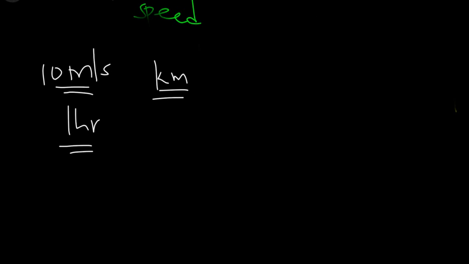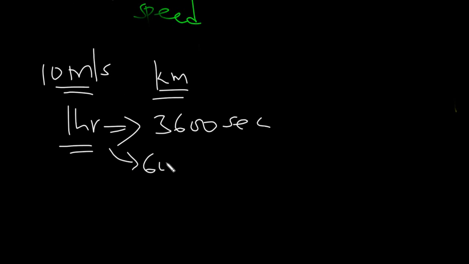Okay, so let's convert this 1 hour into seconds. 1 hour is equivalent to 3,600 seconds. That is when we multiply 60 minutes, that is the minutes in 1 hour, and then the seconds in 1 minute, which is 60. So 1 hour is equivalent to 3,600 seconds.